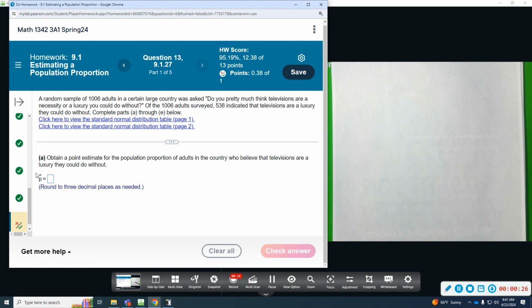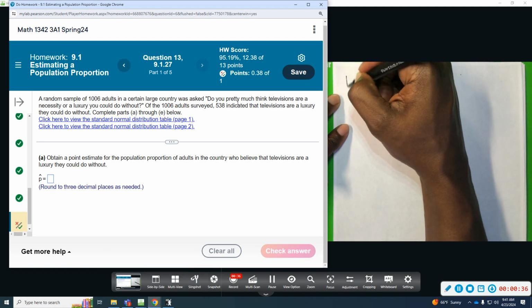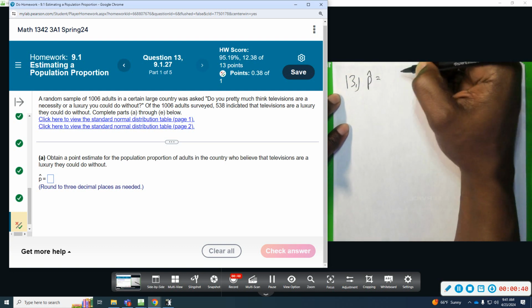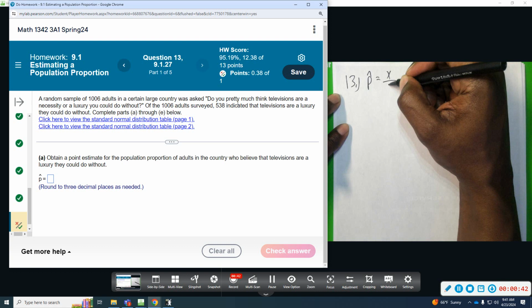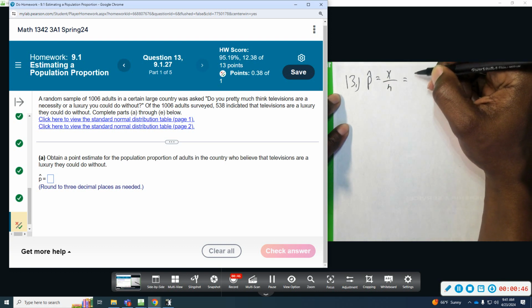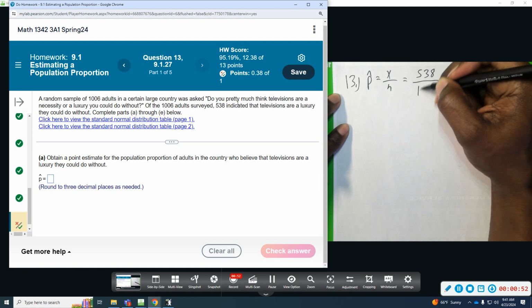So part A wants you to find the p hat, the sample proportion. Number 13, the p hat is equal to x divided by n, and in this case the x that fits the description is 538 over the 1,006.